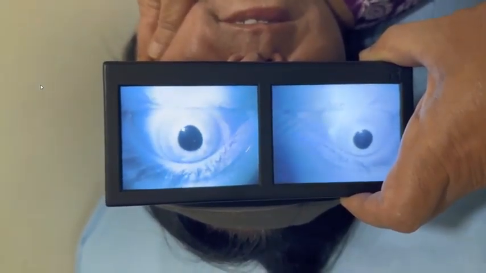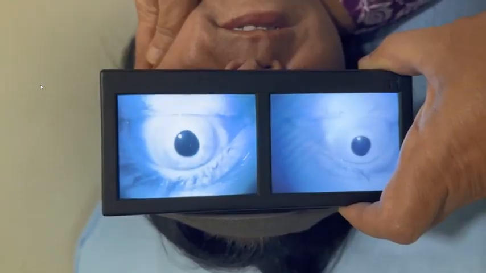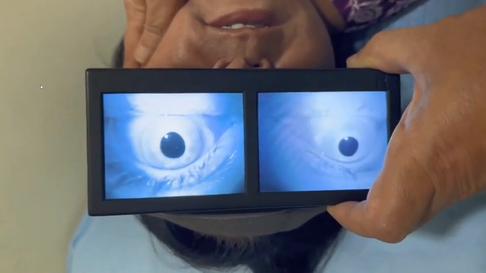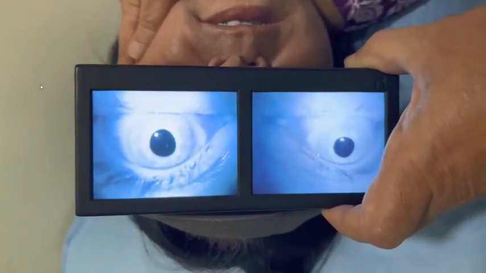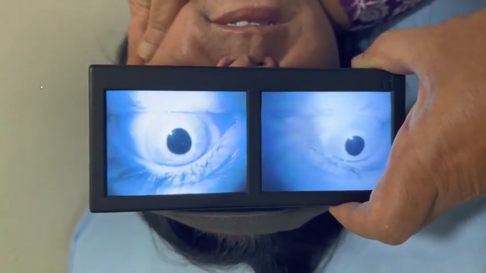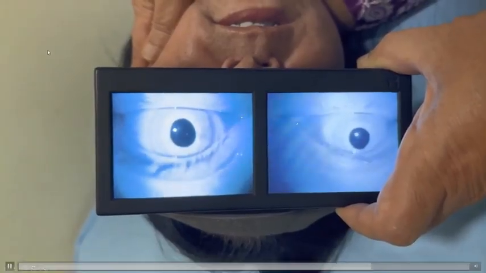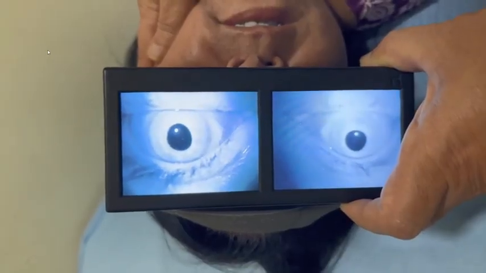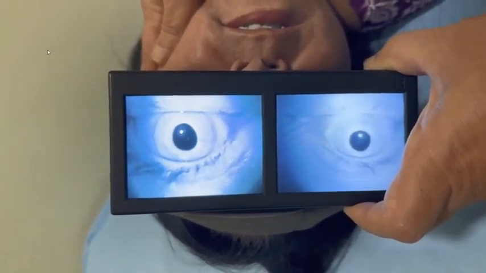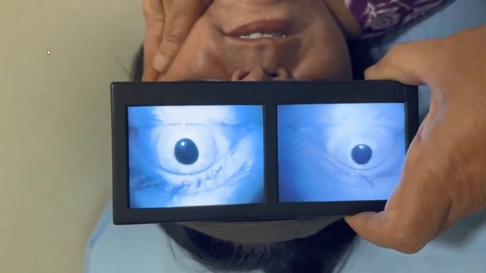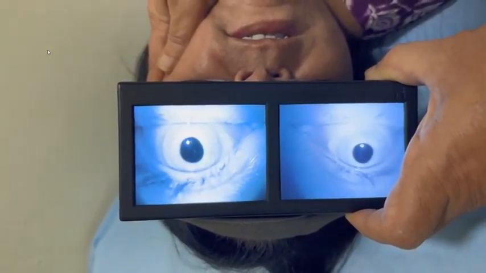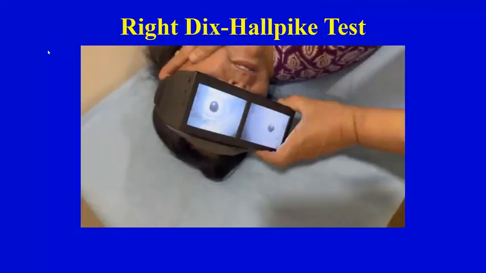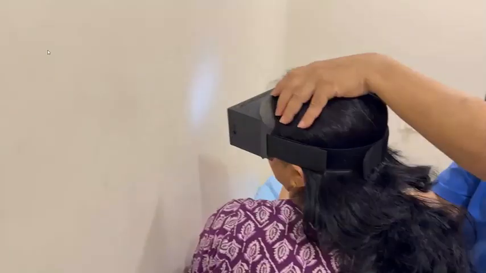If in the right Dix-Hallpike test the nystagmus is downbeating and left torsional, it is likely to be because of right-sided apogeotropic posterior semicircular canal BPPV. As is our usual practice, we hyperextended the neck. This patient did not have a reversal nystagmus.